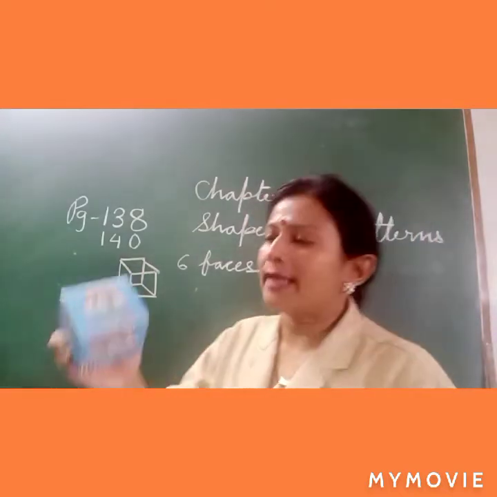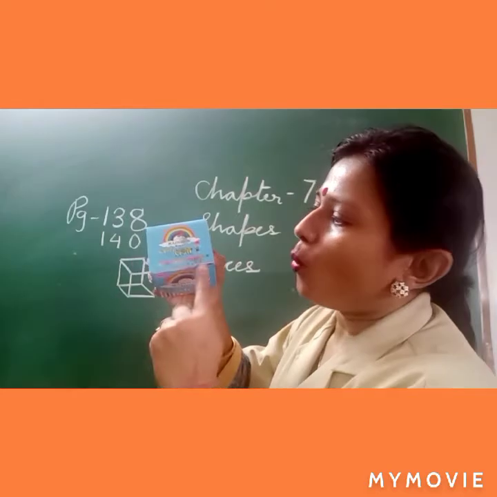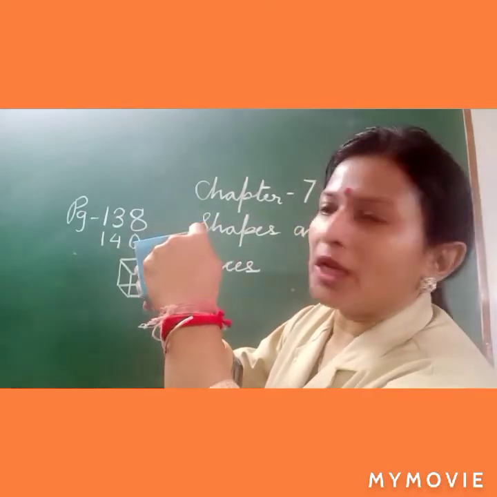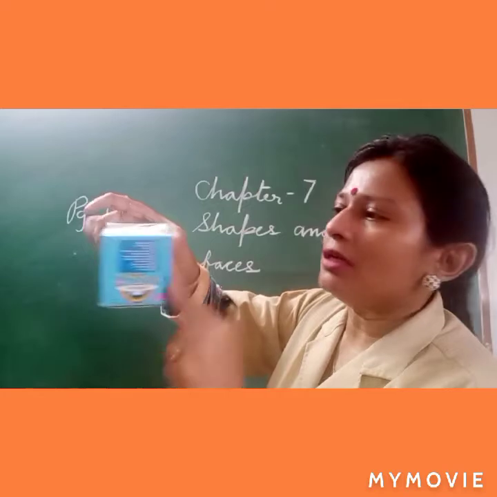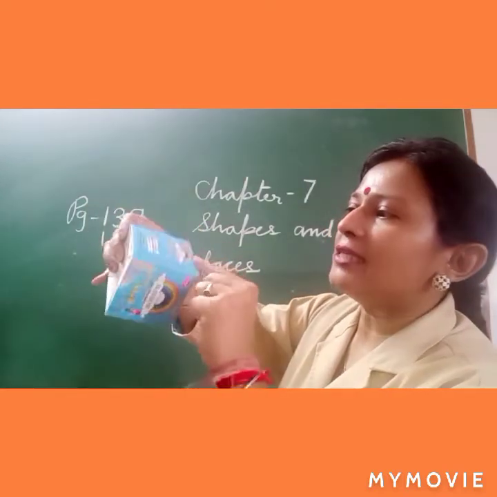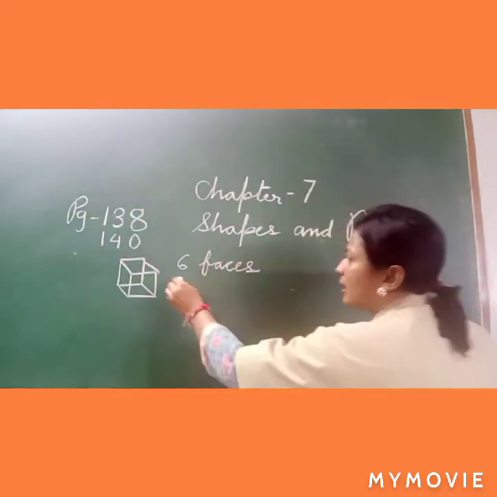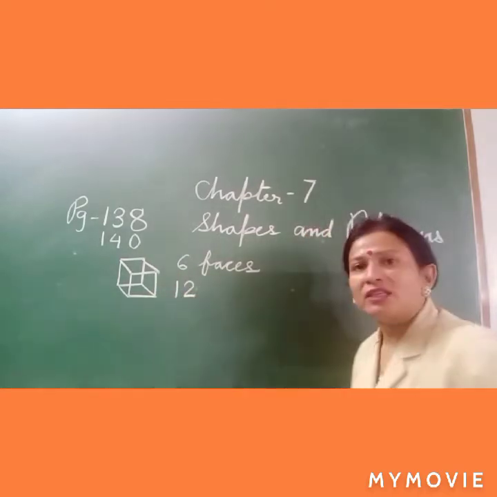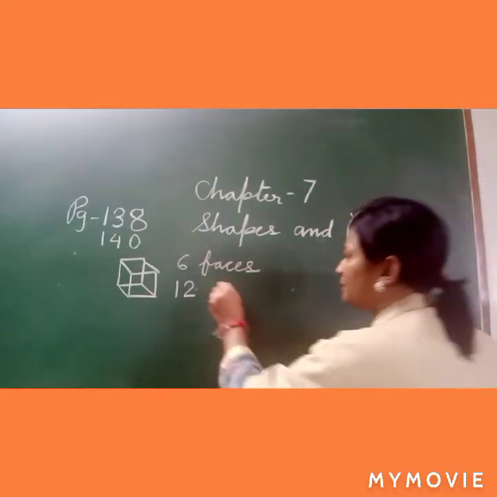Now edges. Edges are, you can see this line: 1, 2, 3, 4, 5, 6, 7, 8, 9, 10, 11, 12. 12 lines. And 12 lines we have counted, and that is edges, 12 edges.